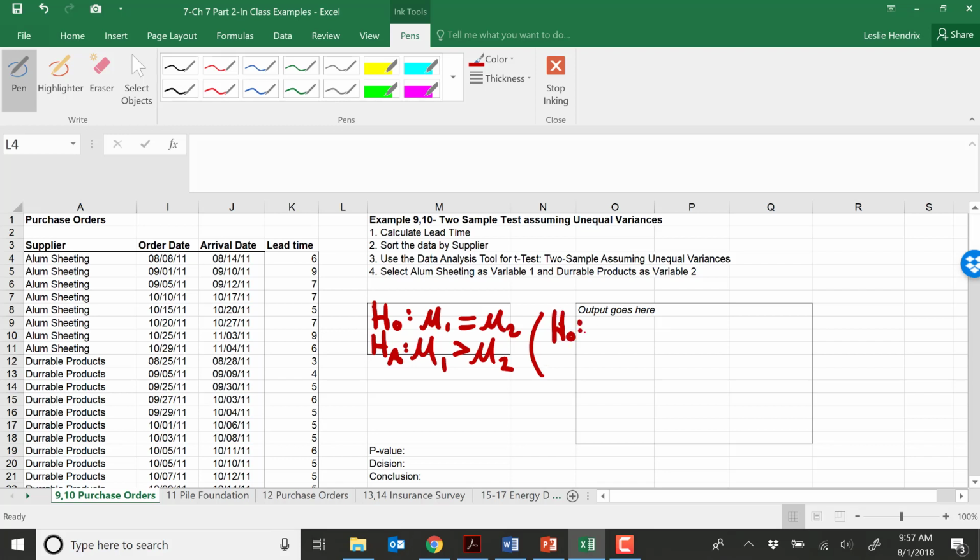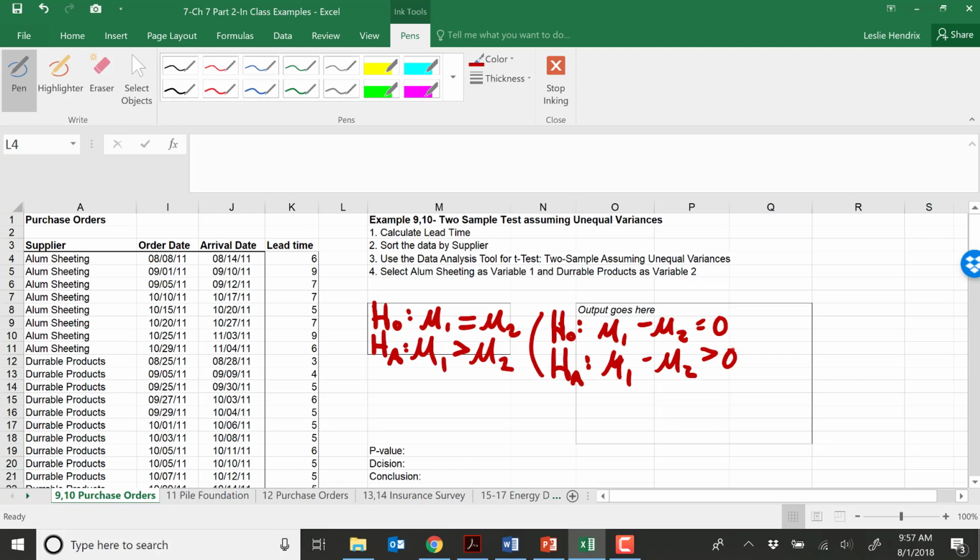For the null hypothesis, if mu1 equals mu2, then mu1 minus mu2 is 0. There's no difference because mu1 equals mu2. And the alternative hypothesis could be rewritten in the same fashion as mu1 minus mu2 is bigger than 0. If mu1 is bigger than mu2, then when you subtract them, you'll get a positive difference.